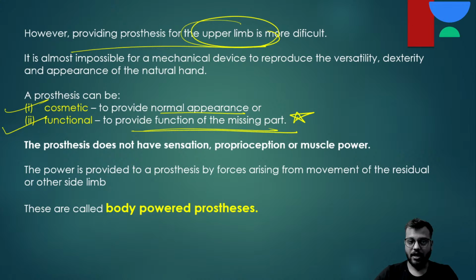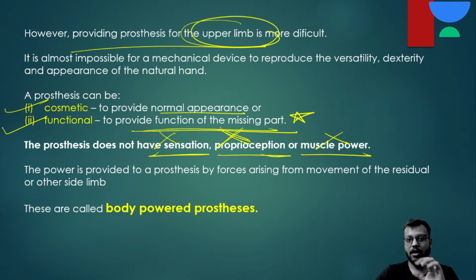Remember that a prosthesis does not have sensations, it will not have pressure sensation or proprioception, and also there will not be any muscle power. So where does the power come from?